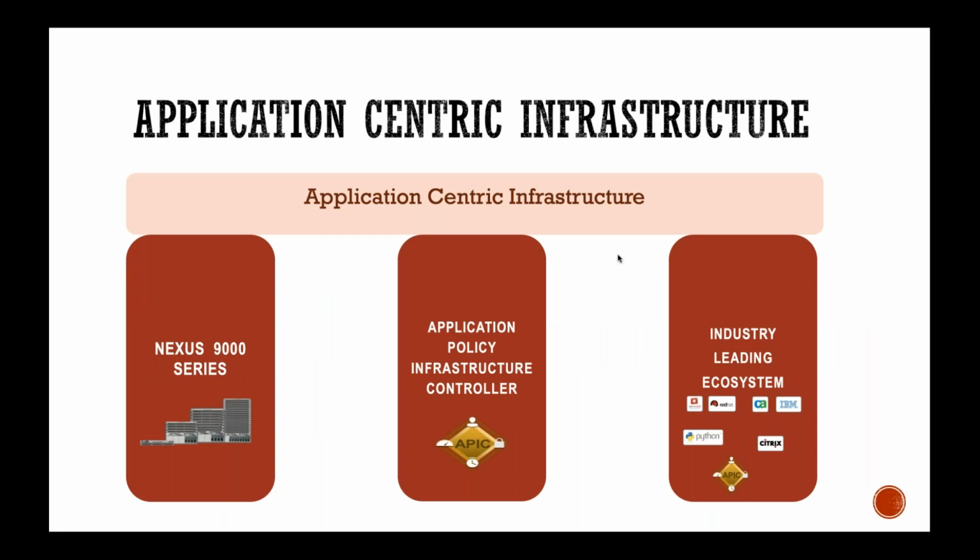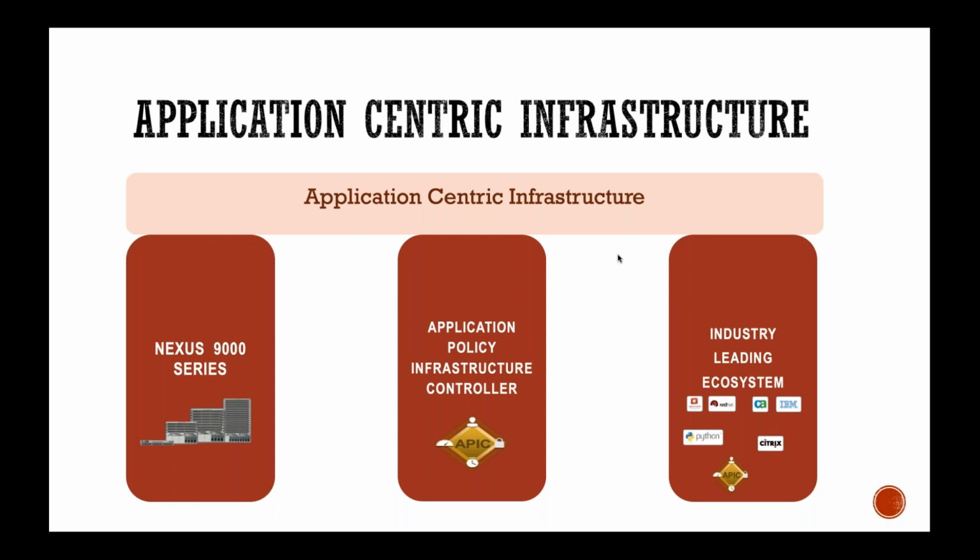Now, what does application centric infrastructure consist of? First of all, Nexus 9000 series switches. So far, in Cisco, there is only one series of switches which supports ACI, which is Nexus 9000.